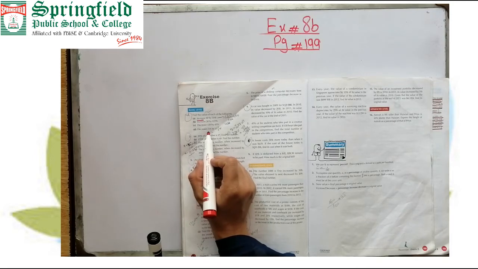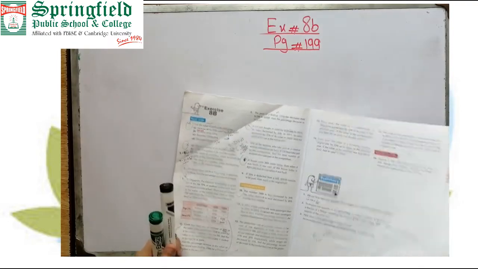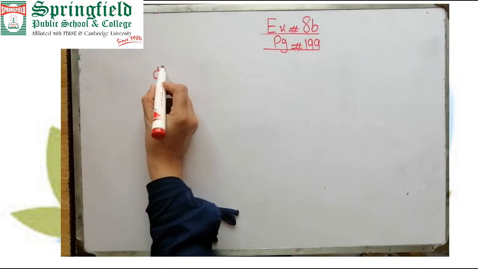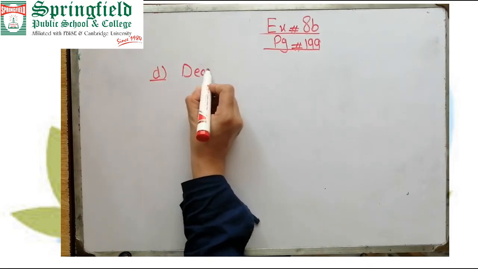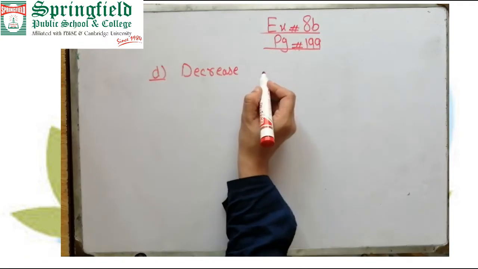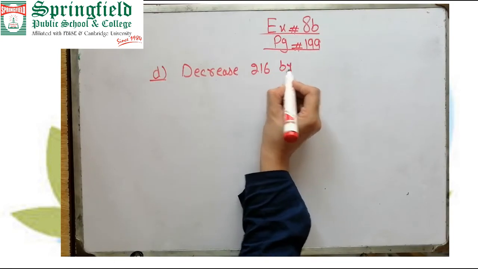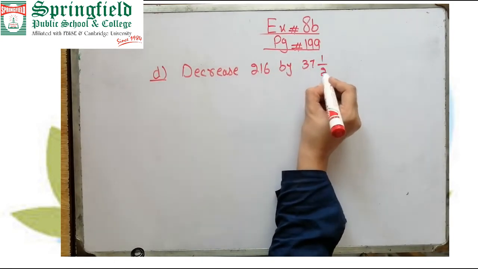The word decrease is used. 216 by 37 1 by 2%. D part. Decrease. 216 by 37 whole 1 by 2%.